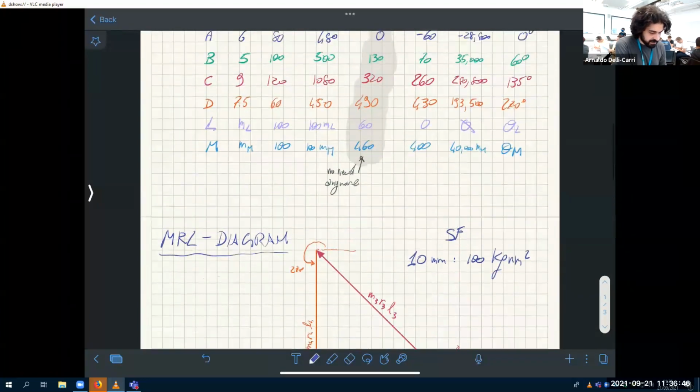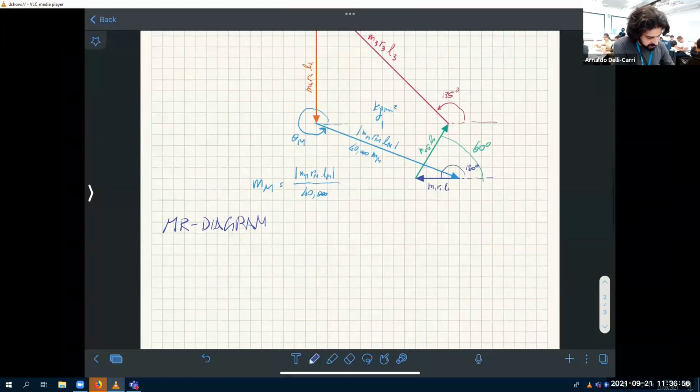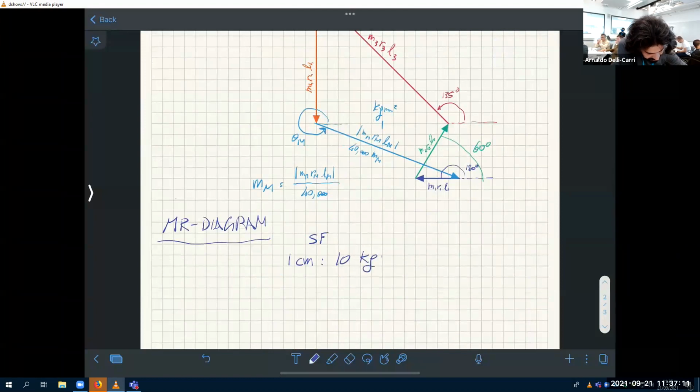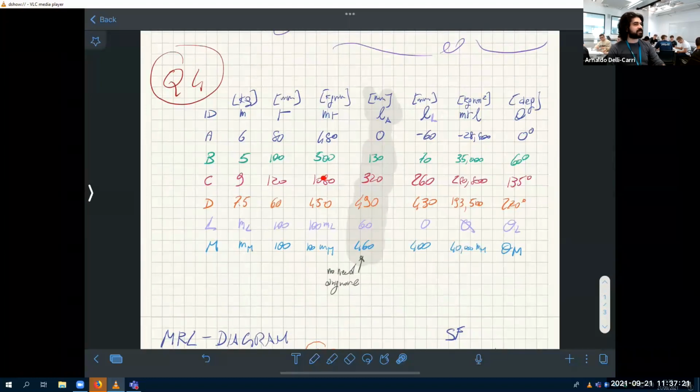And the MR diagram is, so let's look at the largest one. The largest one is 1080. So I'll have the scale factor here. Again, a different scale factor. You don't need to use the same scale factor also because they are different units. So I'd say that 1 centimeter on the paper is 10 kilogram millimeters worth of MR. So you know that this vector here must be 108 centimeters.